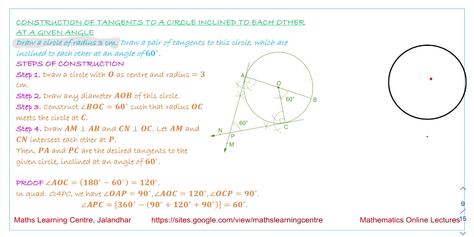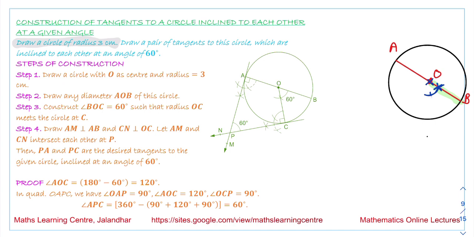Now the first step is, we draw the diameter for this circle. Let's say this is the diameter, this is the point O, this is the point A, and this is the point B. Now at this point O, corresponding to this line OB, we draw an angle of 60 degrees. To draw the angle of 60 degrees, we keep the compass at point O and draw an arc over here.